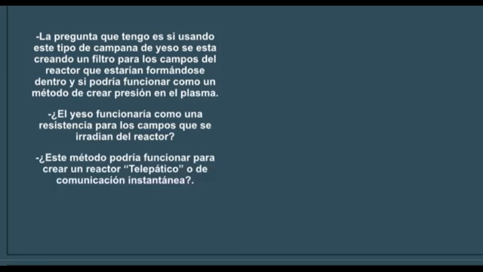He wants to know if it is possible to consider this a working and efficient reactor by using the calcium that is in the plaster. And the third question is if this method could function for creating a telepathic reactor or of instant communication. These are the three questions of Victor.